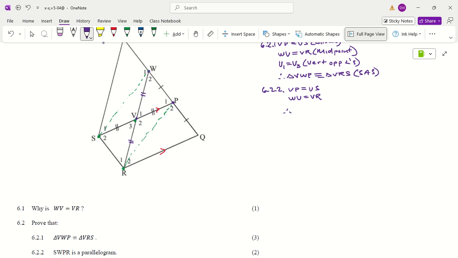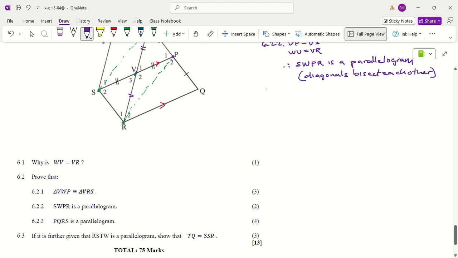So meaning therefore SWPR is a parallelogram, and the reason is that diagonals bisect each other. Very simple there.